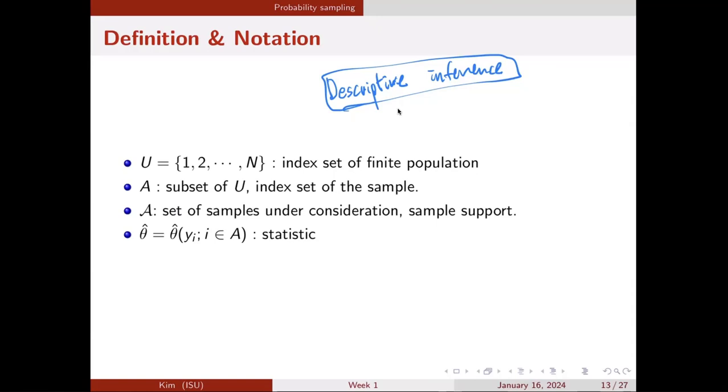So then we have a very clear idea of the population, the finite population, and we use A to denote the index set of the sample. Script A is the set of samples, the sample support, so all possible samples, and then theta hat is essentially a function of y_i in the sample, so that is a statistic.